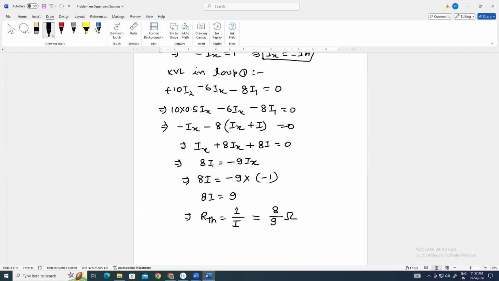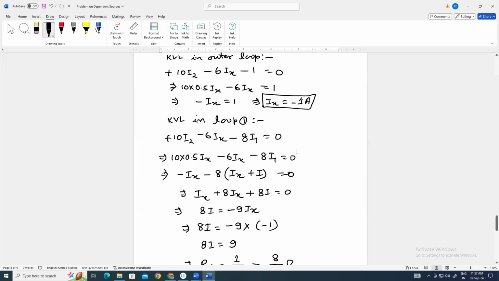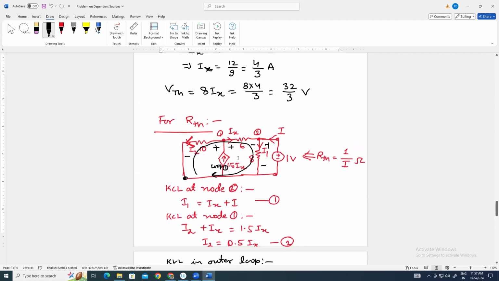You can verify by using the source conversion also. If you use source conversion, this current source in parallel with this resistance can be converted into voltage source in series with the same resistance.